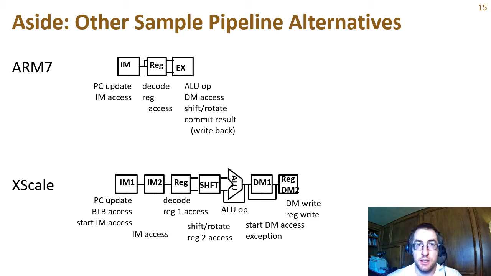IM2 finishes the instruction memory access. The reg stage does the reading of the register operands and decoding the logic. There's a shifter stage, which begins a shift operation followed by the ALU stage, and then the data memory access stage is split into 2 cycles, with the second cycle of the DM2 overlapping with the register write operation.